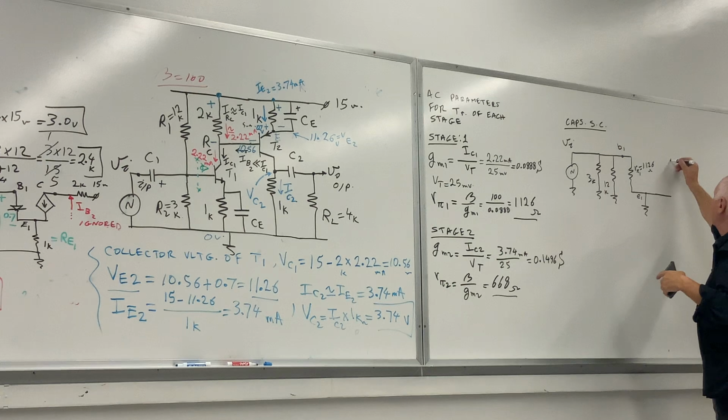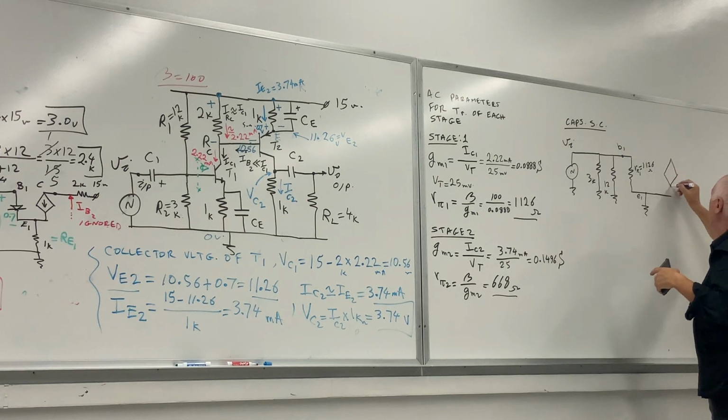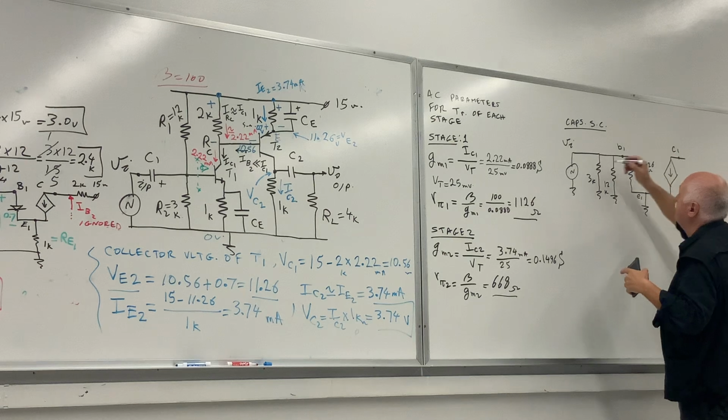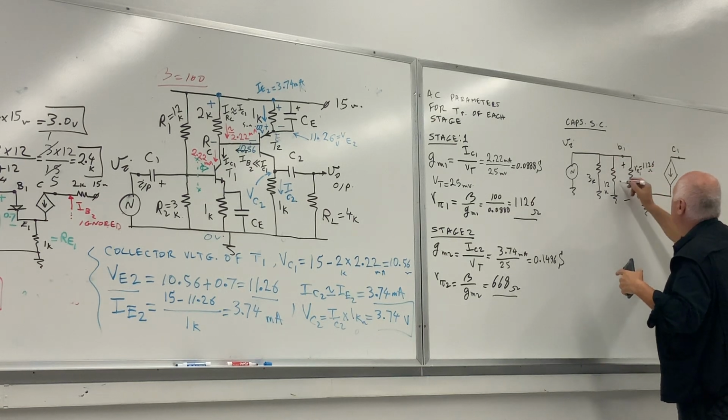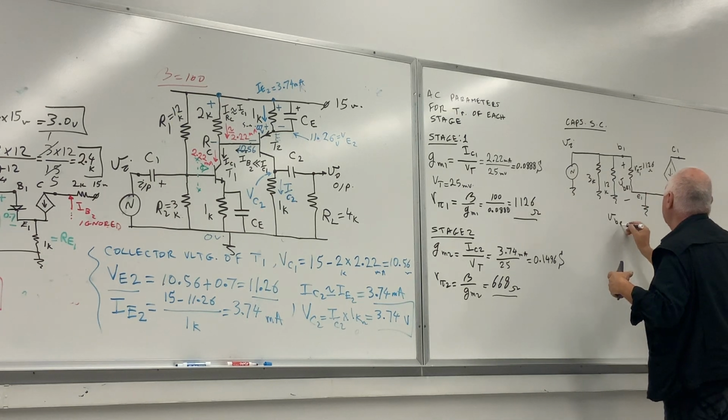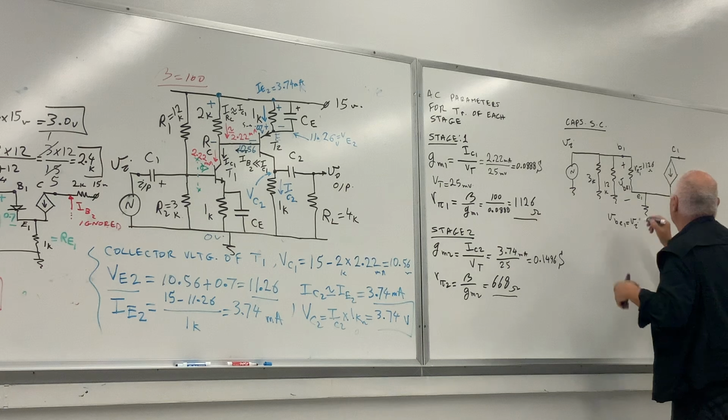Then you have here this current source. Then you have collector of 1. That current source is VBE of 1. But notice VBE of 1 is the same as VI.